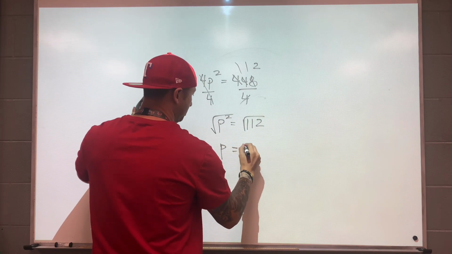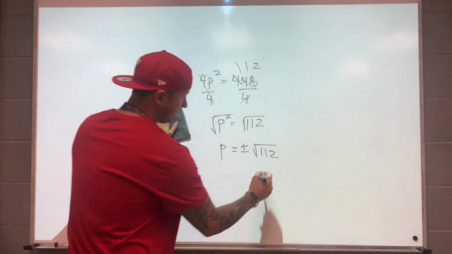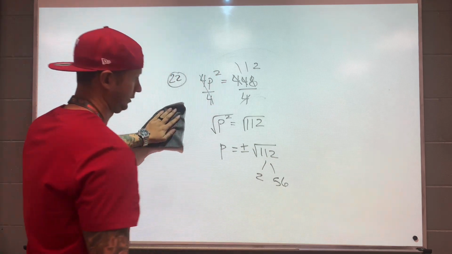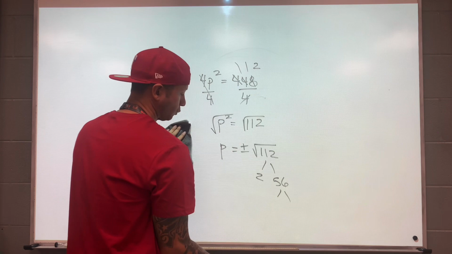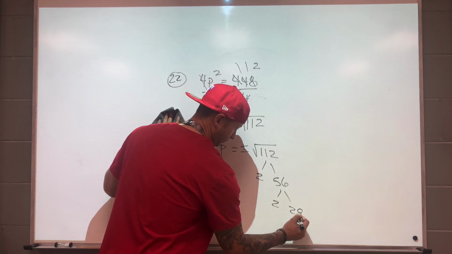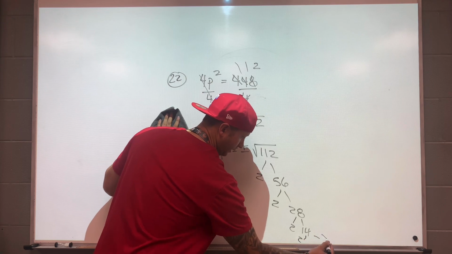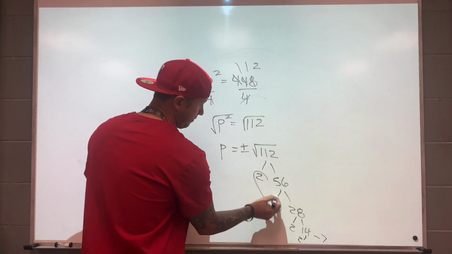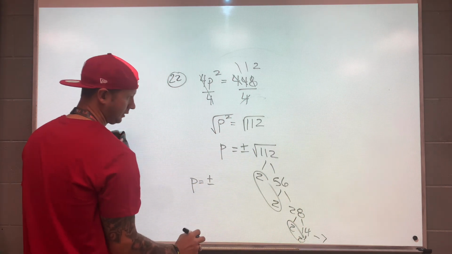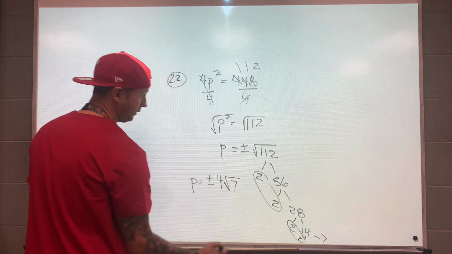P is equal to plus or minus. All right, let's simplify 112. 2 goes into 112, 56. This is going to be 2, 28. 2 and 14. 2 and 7. So here's a pair. Here's a pair. So p is equal to plus or minus 2 times 2, which is 4, root 7.